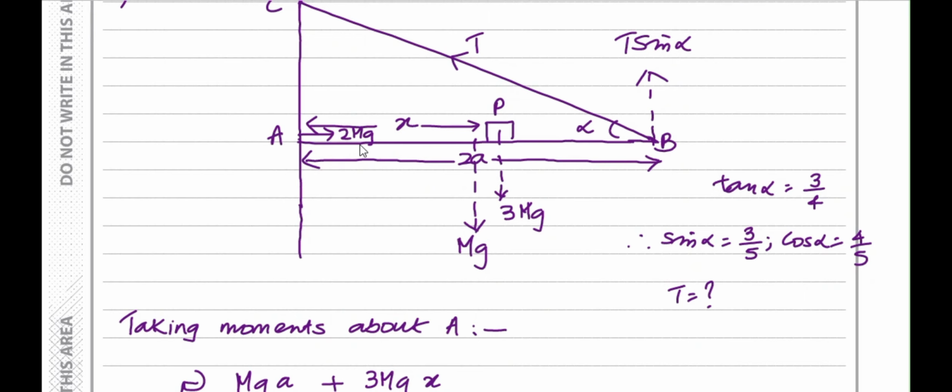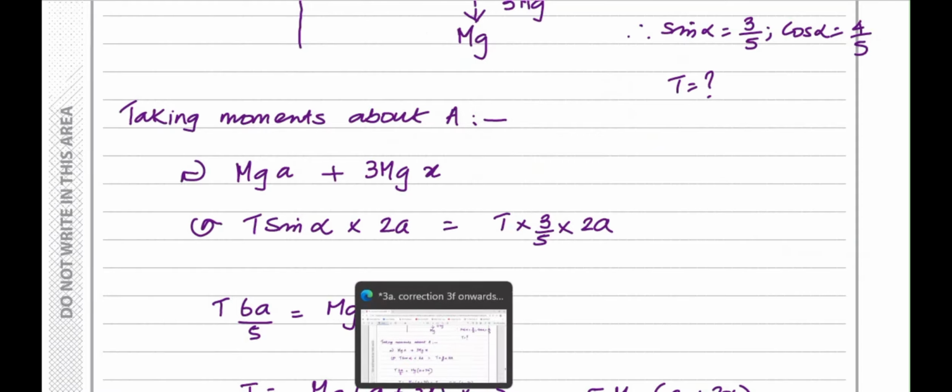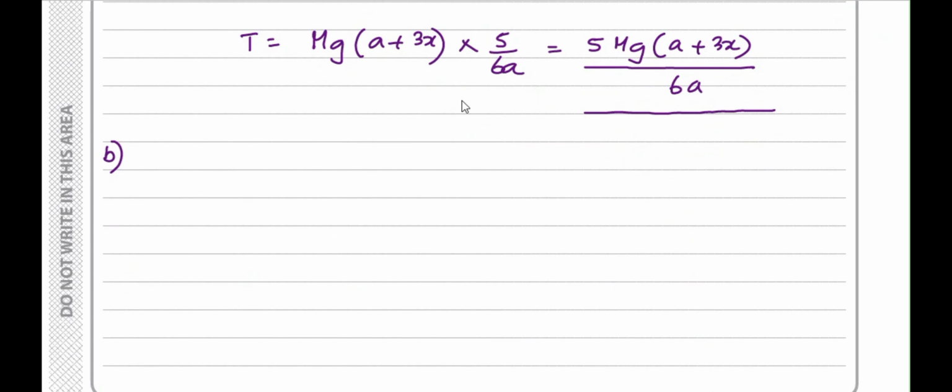And in that case, since the plank is in equilibrium, this 2 mg must be compensated by a horizontal component of the force because of this tension in the leftward direction. So we could say 2 mg from the wall is equal to the horizontal component of the tension, which is T times cos alpha.